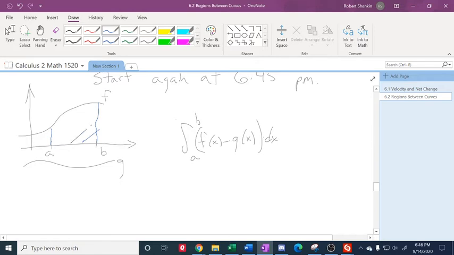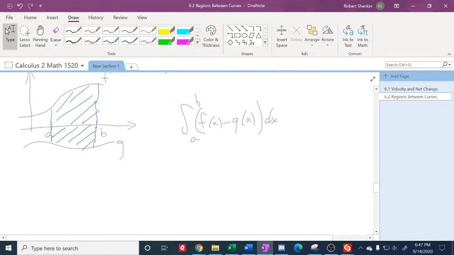I'm going to get this as a positive area. Normally I would get this down here as a negative area, but I have an extra negative sign that's going to cancel out the negative I would get over here, and so it'll give me this as a positive area again, and it'll be correct.